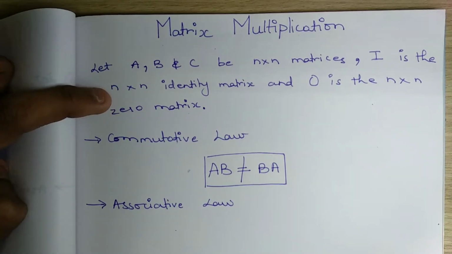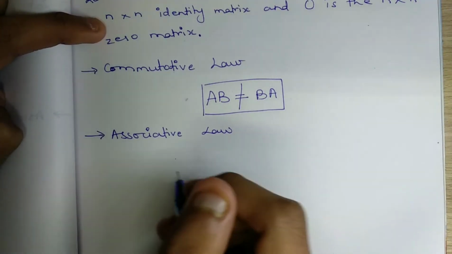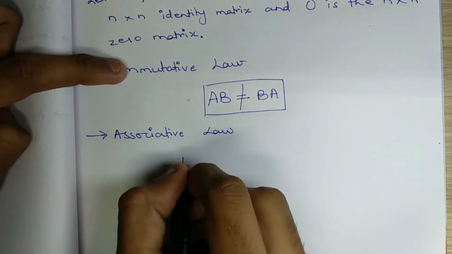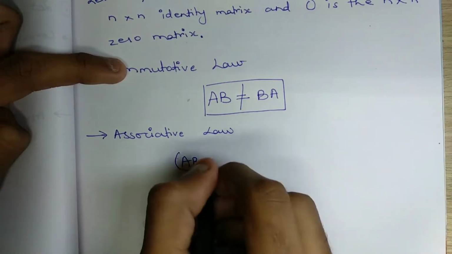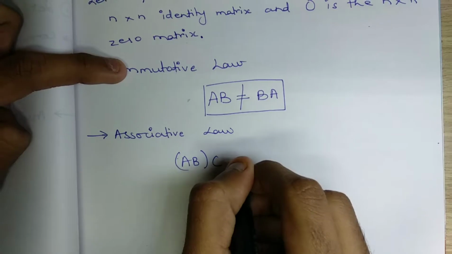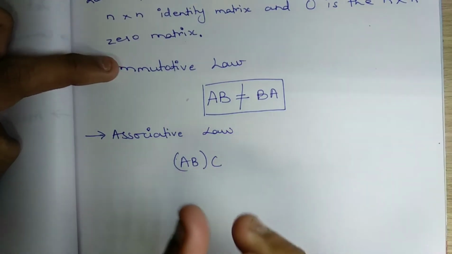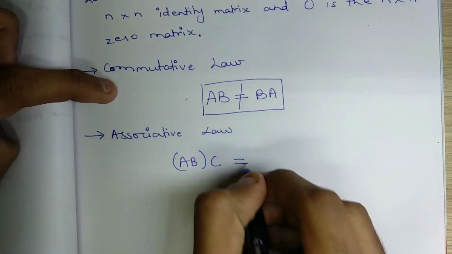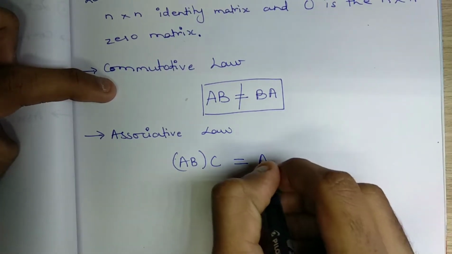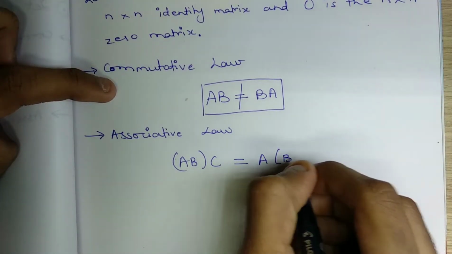This law states that the result of A into B into C is equal to A into the result of the multiplication of B into C.